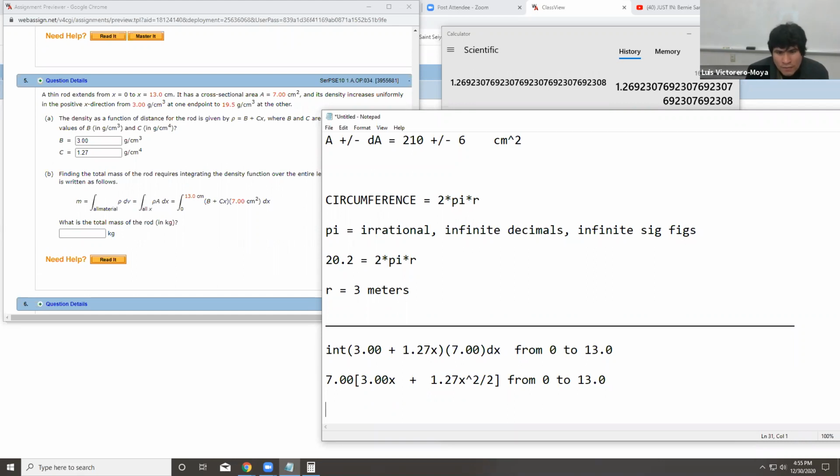So at the end of the day, guys, because you are going from 0, 0 doesn't matter. 3 sig figs and 3 sig figs, not bad.